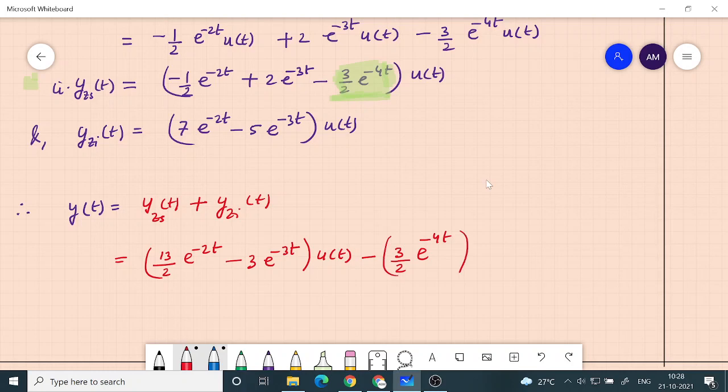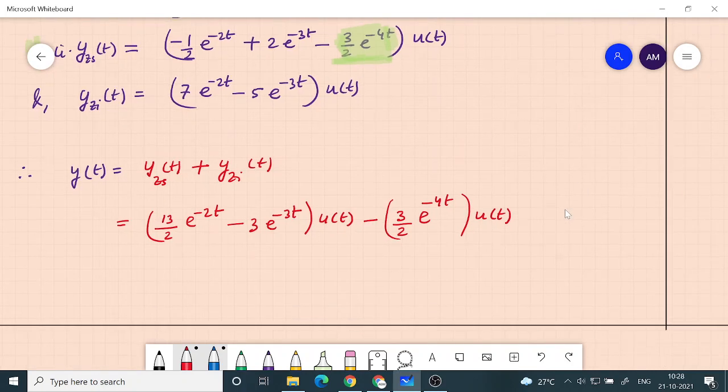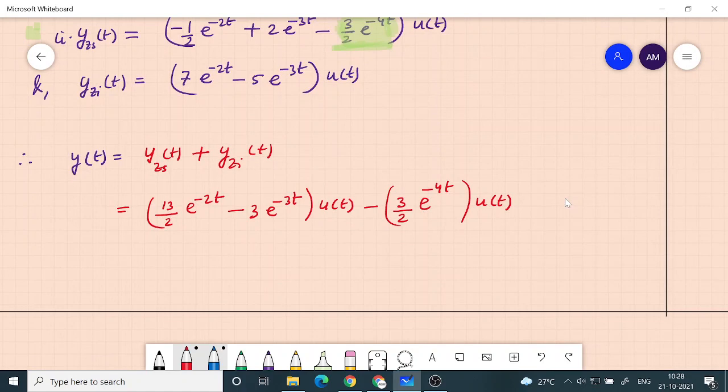Okay, let me write it this way. So if you had solved with the normal methods, the ordinary differential equation solution method which you studied in mathematics, you will get the solution something like this.